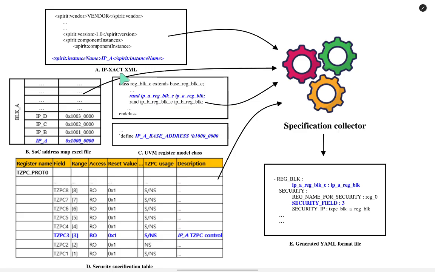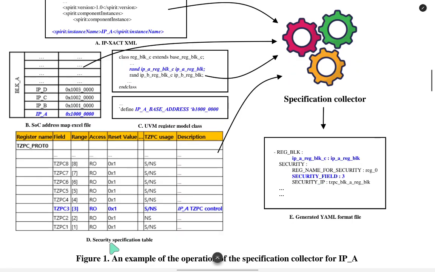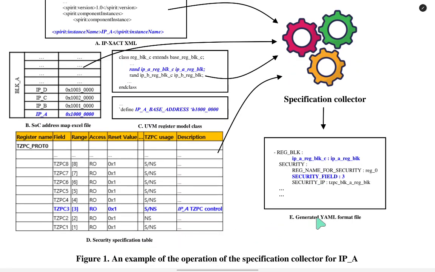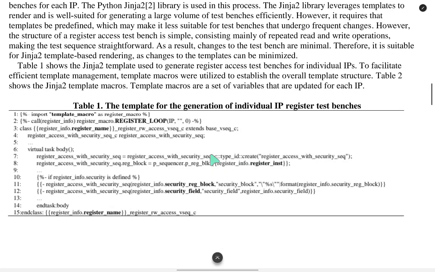A, IP-XACT XML. B, SoC address map Excel file. C, UVM register model class. Specification collector. D is a security specification table, and E is the generated YAML format file.